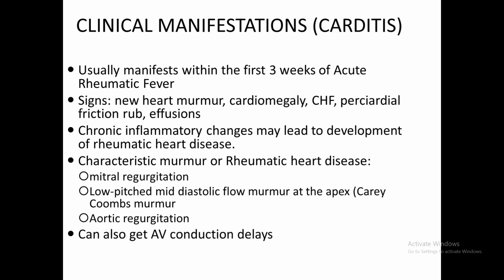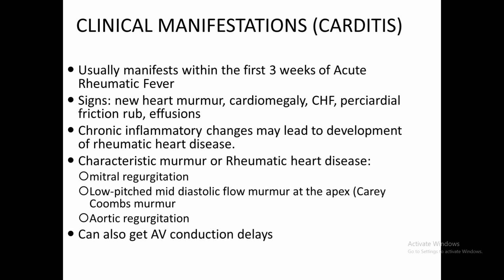Chronic inflammatory changes may lead to the development of rheumatic heart disease. One valve may be involved, there may be 2 valves, maybe 3 valves, maybe 4 valves. All valves are involved. In most of the cases, it is the mitral valve. In 20 to 30% of cases, it is mitral valve plus aortic valve.